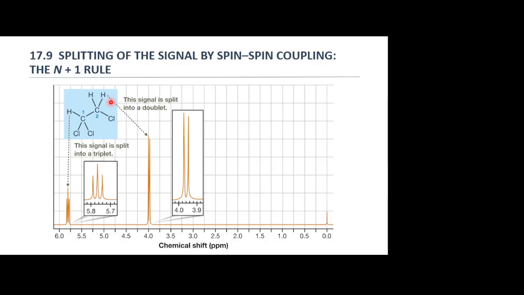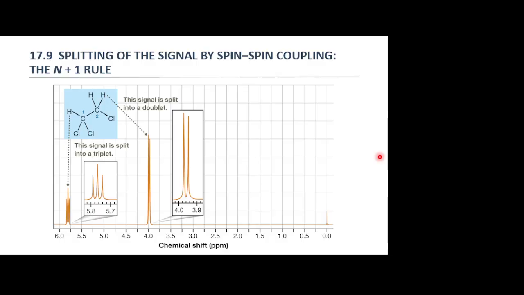So you change that magnetic field just a little bit, barely enough to be detectable. Remember those spin states? This is referred to as spin coupling. They interact with each other through this spin-spin coupling.